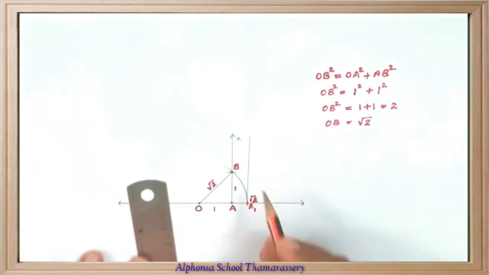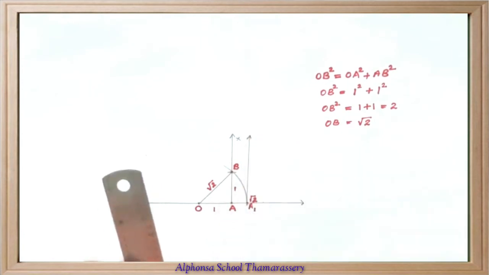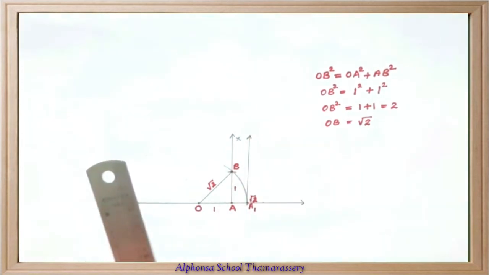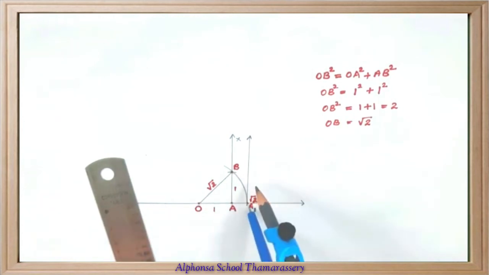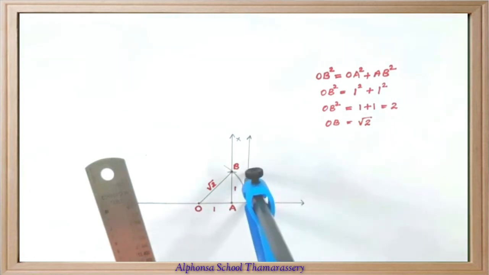The same way, take 1 unit, since OA is equal to 1 unit. That 1 unit you can take here. Take A1 as a center and mark 1 unit on the perpendicular line.